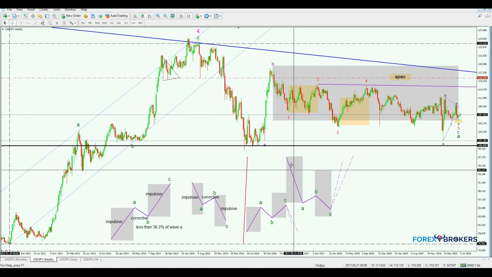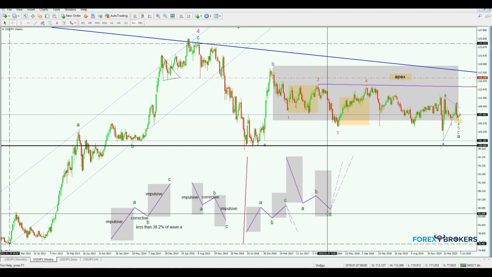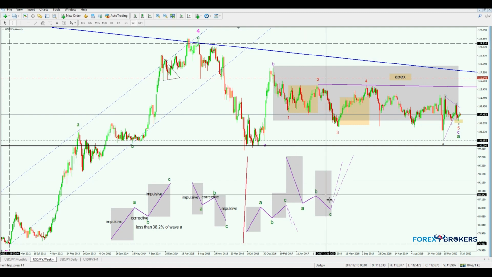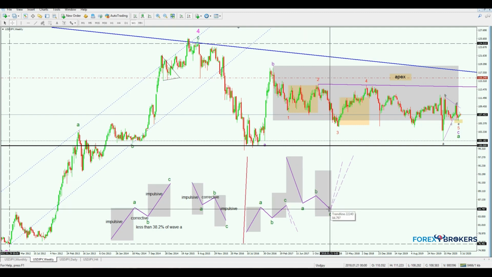The same is valid, for instance, for this very truncated zigzag. The time element corresponds, it is the same, and the market should retrace a minimum of 80% and then 100% most of the time. But this is only one type of zigzag.